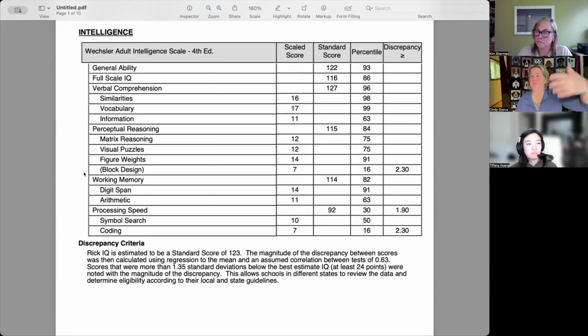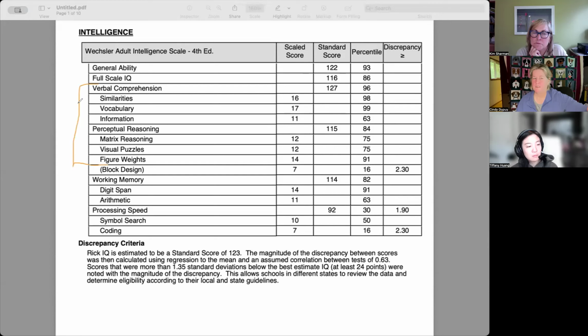You see this consistent pattern, which is why they came up with the general ability being a combination of those to get you a general ability index versus a full scale IQ. And so it's a process of dynamic assessment.